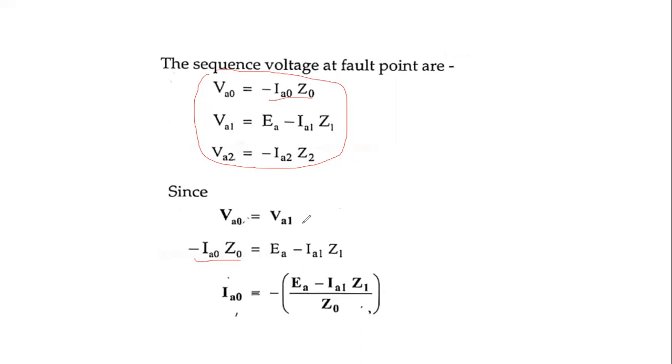From this equation we find the formula for IA0. Therefore, IA0 is equal to minus of (A minus IA1 Z1) by Z0.